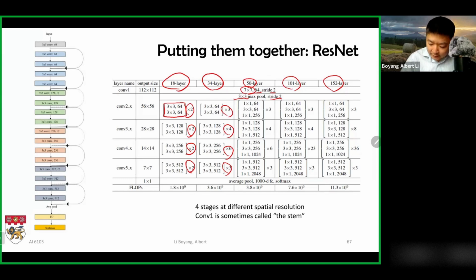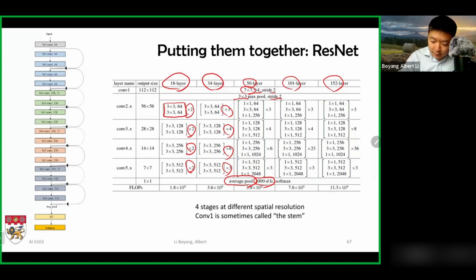And after that, we have an average pooling operation followed by a 1,000-dimensional fully connected layer. This is because these networks are designed for ImageNet, which has 1,000 classes. But if your dataset has a different number of classes, then this number could change, and you could output 500 logits or 200 logits, depending on the dataset that you are interested in.